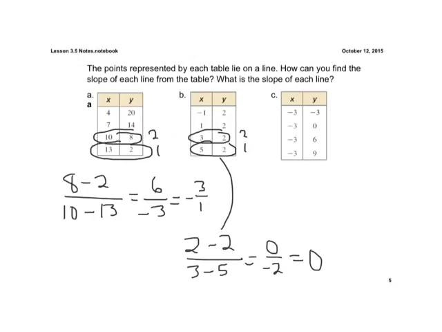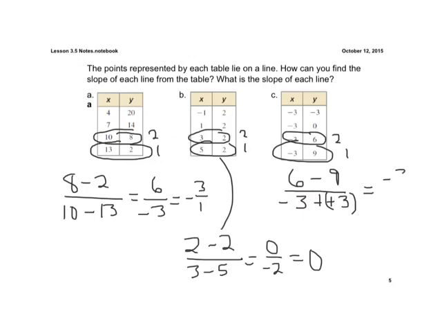Now let's do the last one here. Let's keep it consistent. Let's do the last 2 points again. Okay, so we have our 2 and our 1. Now we have 6 y sub 2 minus 9 y sub 1 over negative 3 minus a negative 3. Okay, don't lose track of your negatives. Again, minus a negative is the same as addition. 6 minus 9 is negative 3 over negative 3 plus 3, we get a 0.